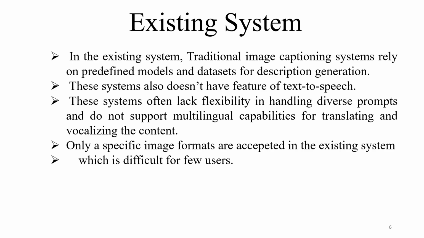In the existing system, traditional image captioning relies on predefined models and datasets for description, and this system does not have features to support text to speech and multilingual capability for translating the descriptions, which is difficult for most users.